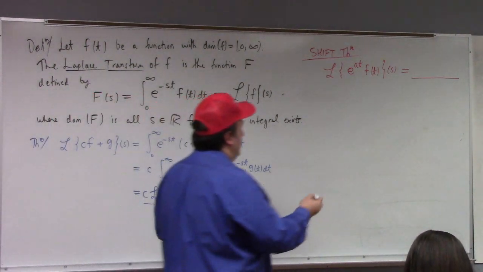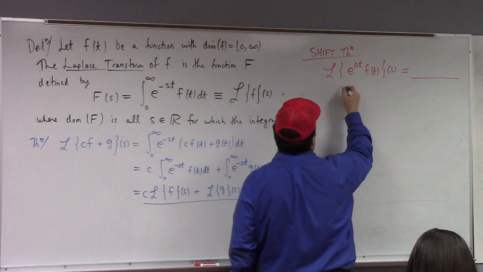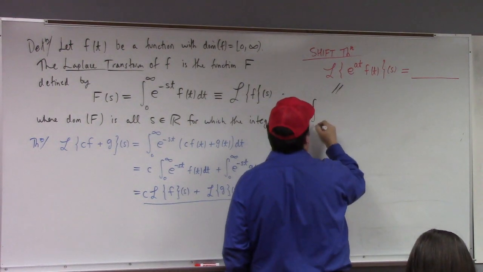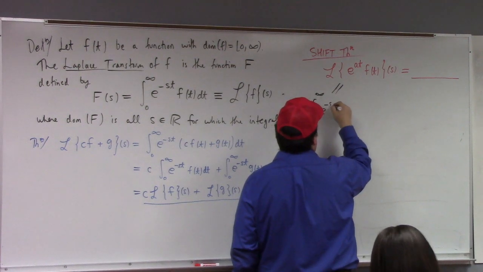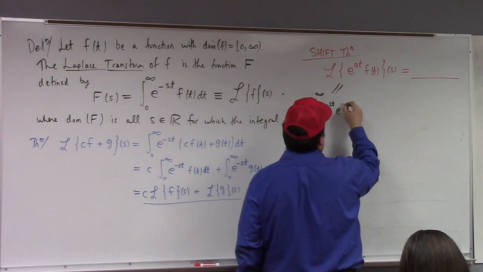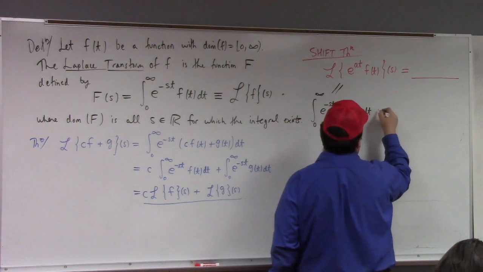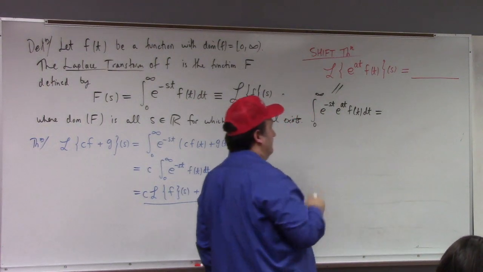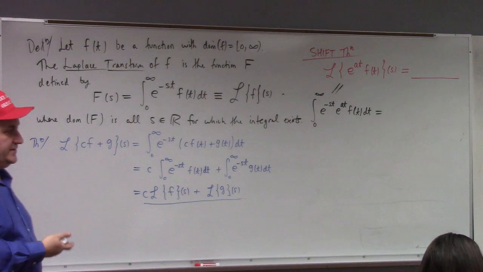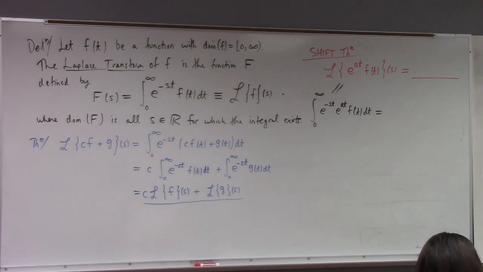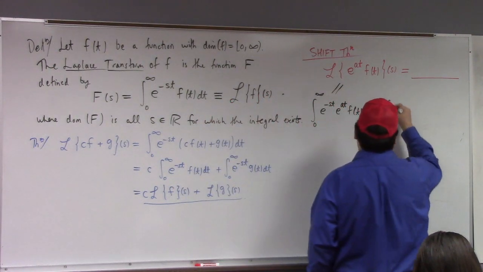Let's do it. So if we're calculating the Laplace transform, this is equal to the integral from 0 to infinity of e to the minus st times e to the at f of t dt. That first equality is just the definition of the Laplace transform. Now I use exponential algebra.